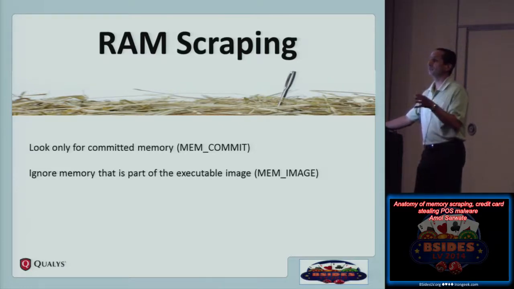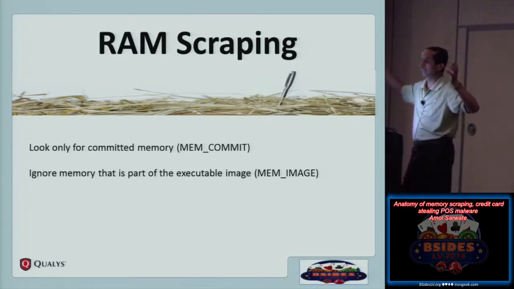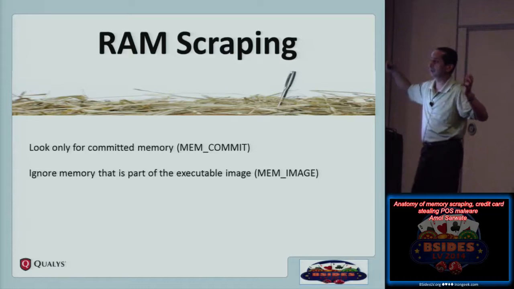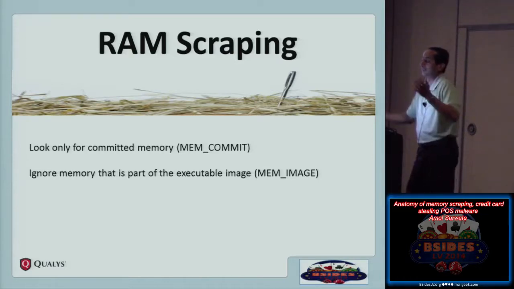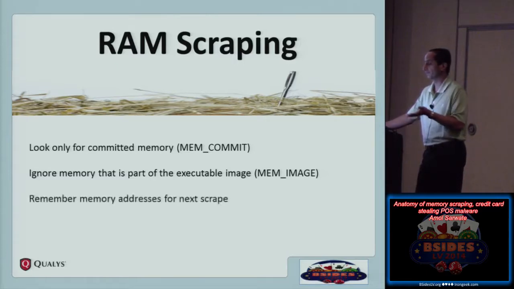When the POS process is loaded in memory, most of it is executable code that is being executed. So you ignore all the executable image with the MEM_IMAGE flag, and you scrape only the memory which has data structures and variables. So a lot of your executable memory is gone if you use this flag.